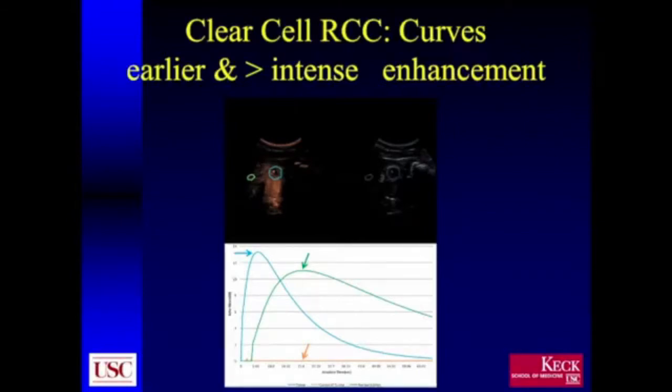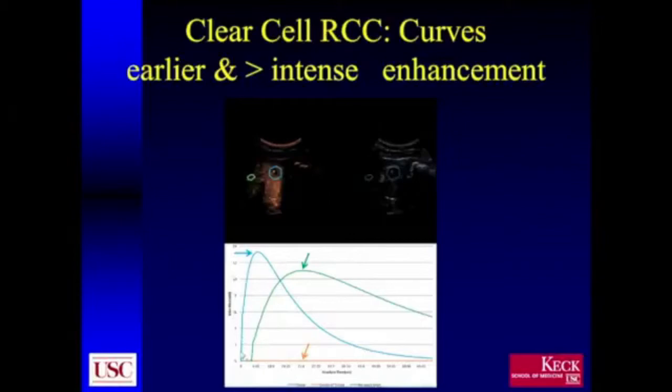If you have a question, this is an example of a time intensity curve illustrating the typical or expected findings of a clear cell carcinoma. The blue line represents the enhancement characteristics of the mass. The green line represents the enhancement characteristics of the surrounding parenchyma.